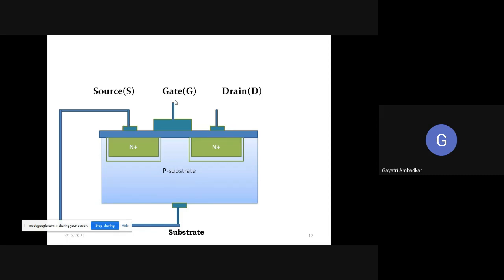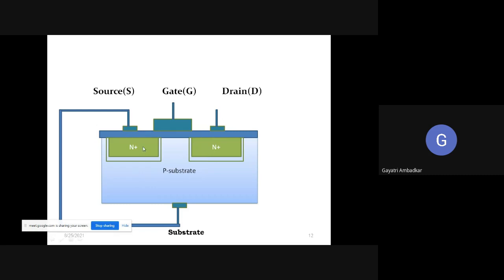In short, an N-channel enhancement MOSFET is formed in a P-type substrate. In this substrate, there are two N blocks doped. The doping concentration is higher here, and metallic contacts are taken out from these two N blocks, which we call source and drain. In between the source and drain, there is no physical channel present.